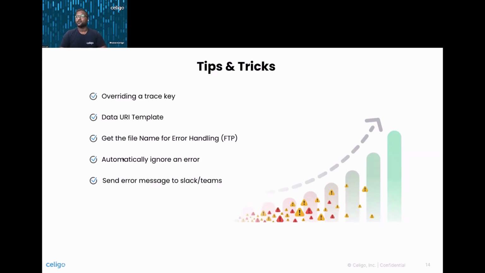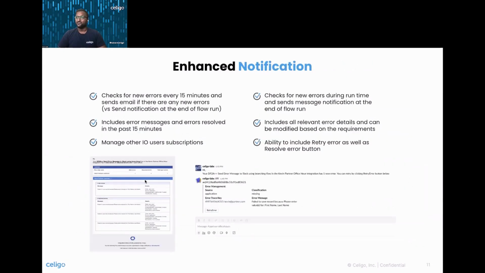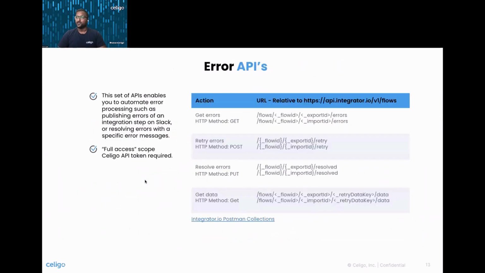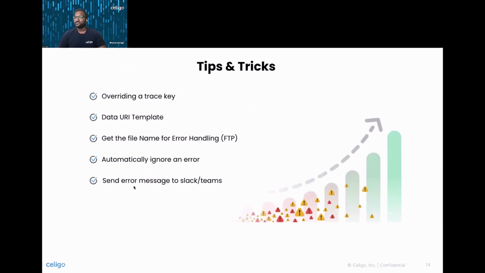using a post submit hook. I already showcased the last point, which is sending the error message to the Slack team.